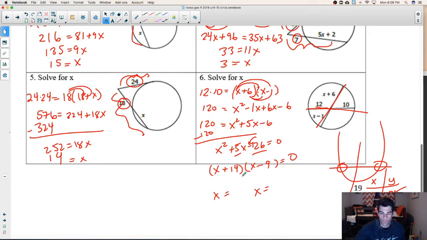So your 2 solutions here are going to be x equals negative 14 and x equals positive 9. Now these are lengths, you have to measure them, so you're not going to be using the negative value, you're going to be using your positive value for x, which is 9.